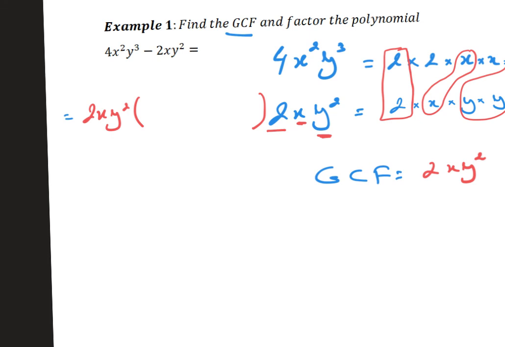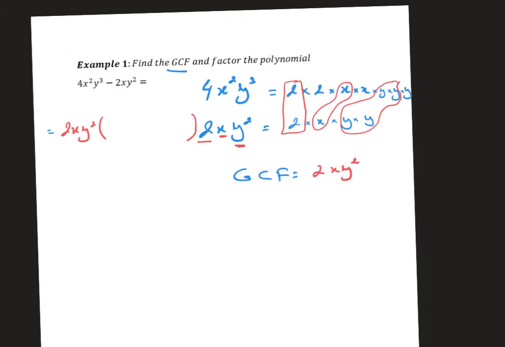Now we took 2x y squared from the first term. So what do we have left here? As you can see, we have 2 left, we have x, and we have y. So if we take 2x y squared, we have 2x and y left there.